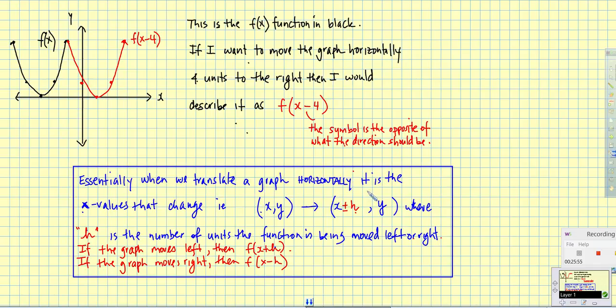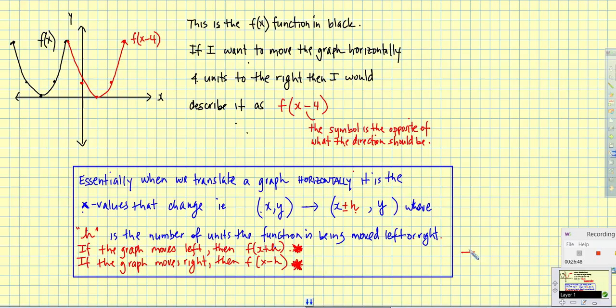So it's x plus or minus h, where h is the number of units that the function is being moved, left or right. I specifically explain here that if the graph moves left, then you're going to have f of x plus h, and if your graph moves right, you're going to have f of x minus h. And again, it's within the parentheses.